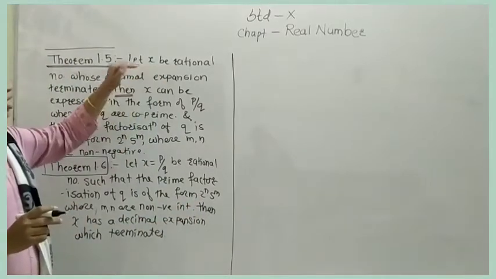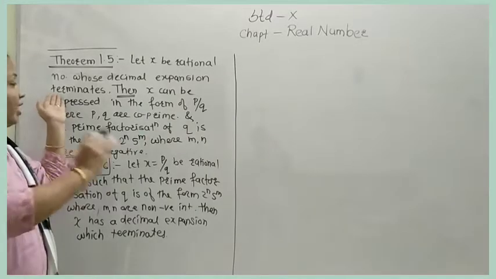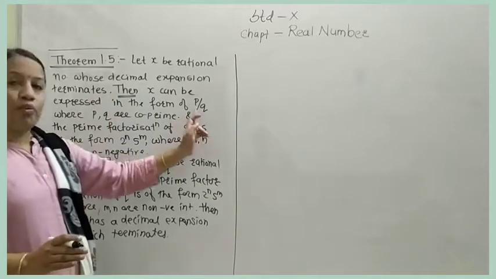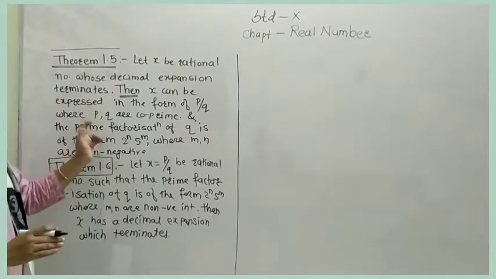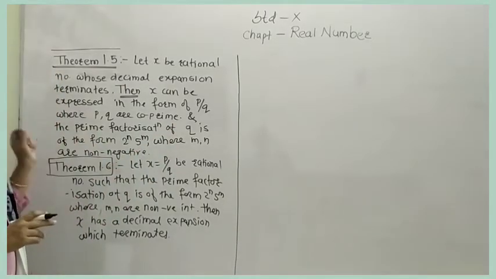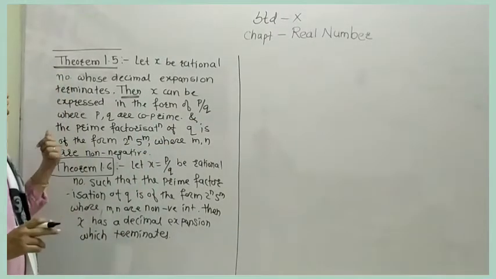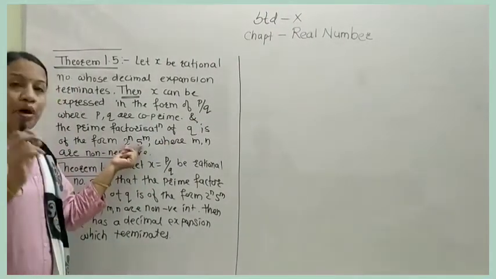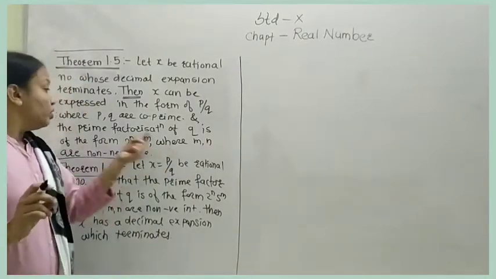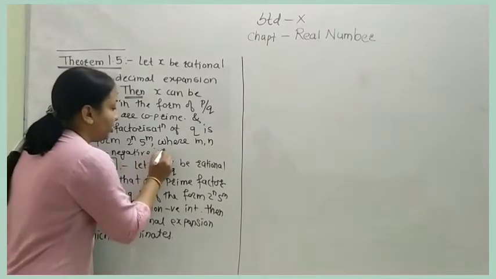Whenever x is a rational number whose decimal expansion terminates, it can be expressed in the form p by q, where p and q are co-primes. And this is important: the prime factorization of q, meaning the denominator, is of the form 2 raised to power n and 5 raised to power m, where m and n are non-negative integers.